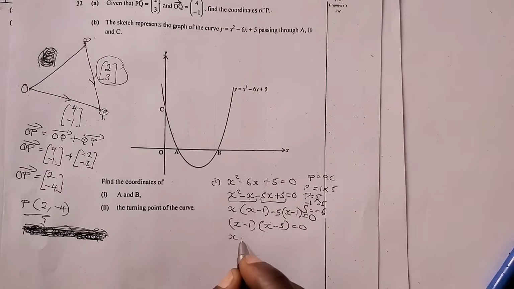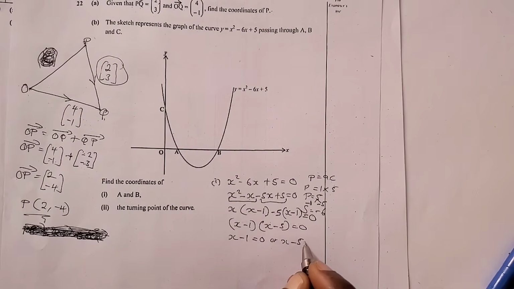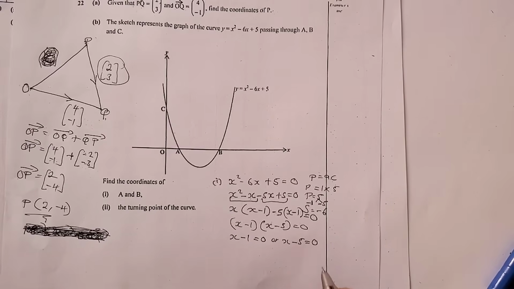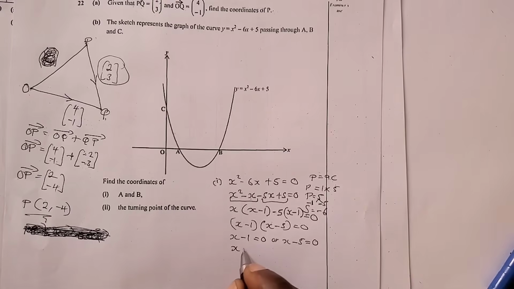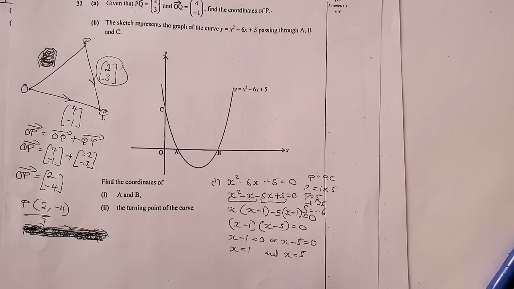So we can say x minus 1 equals 0, and x minus 5 equals 0. It is supposed to be "and" because you are finding two answers. So x equals 1 and x equals 5. Am I right? Yes. Very good.